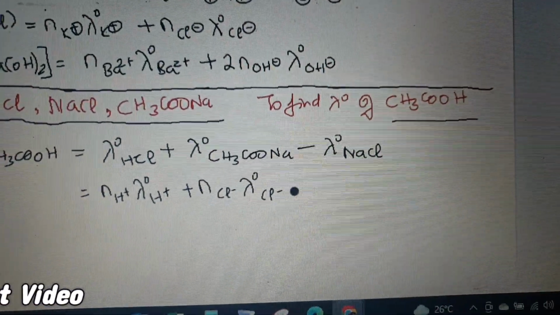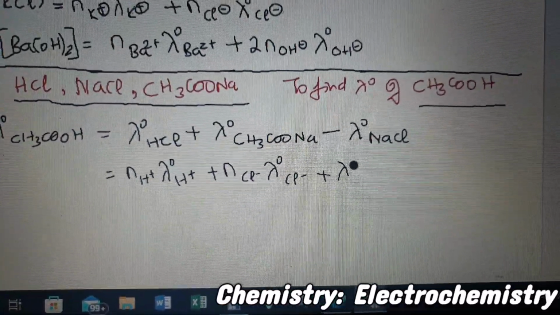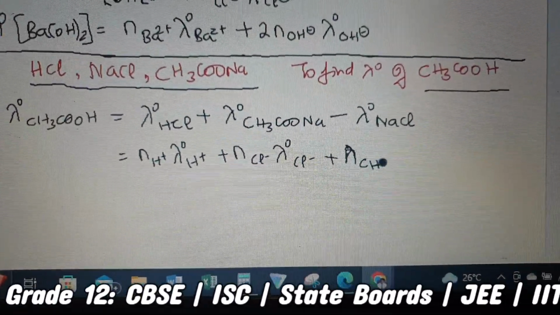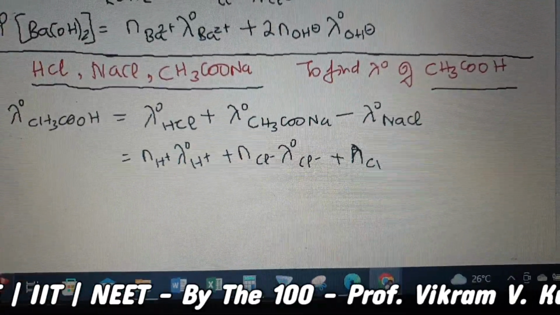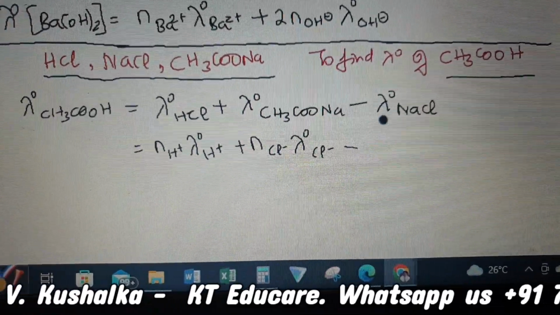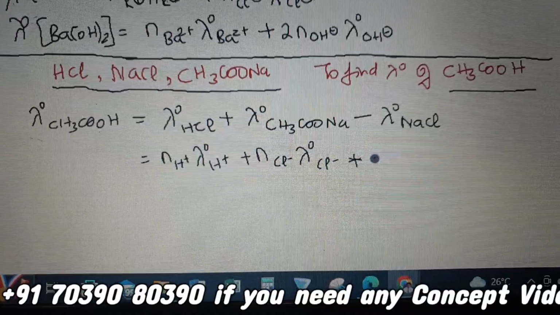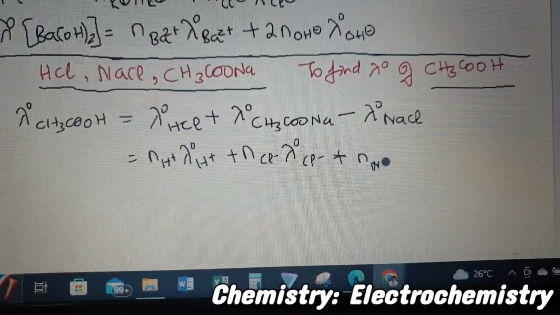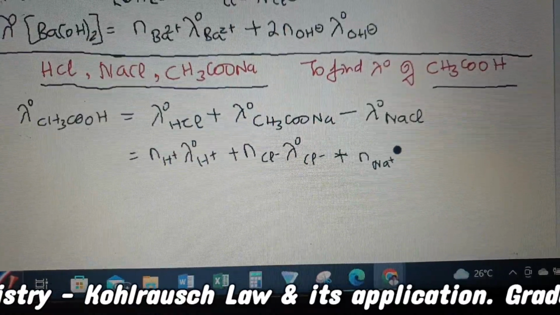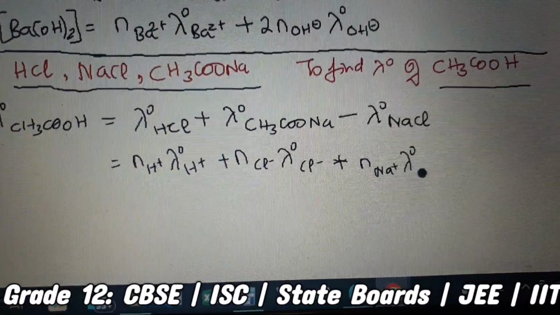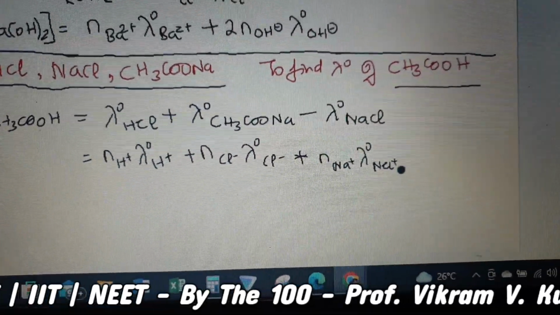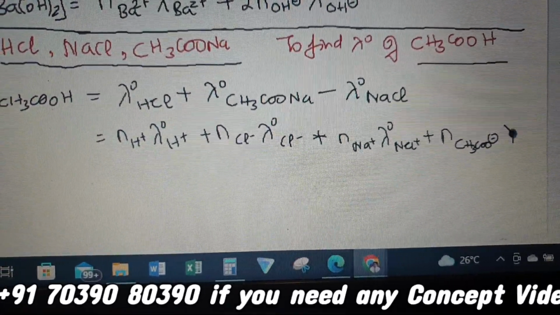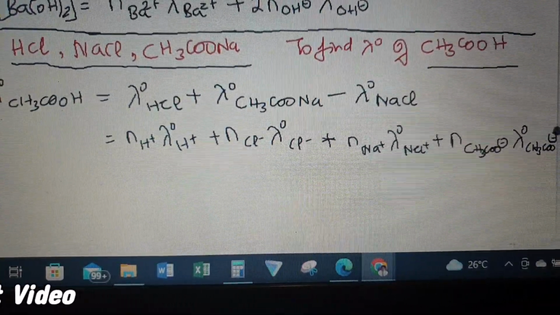The same way we'll be writing for molar conductivity of CH3COONa, so we'll take it up as plus N of Na positive, that is number of moles of sodium ions, into molar conductivity of sodium ion, plus N of acetate ion, that is CH3COO negative, into molar conductivity of CH3COO negative, correct?